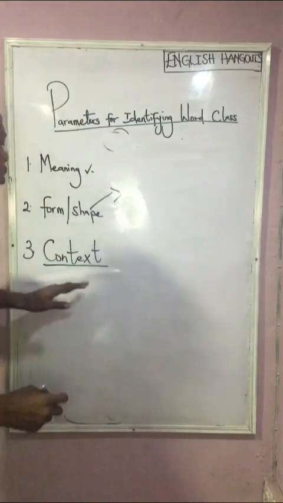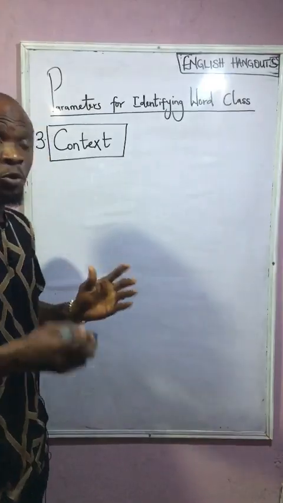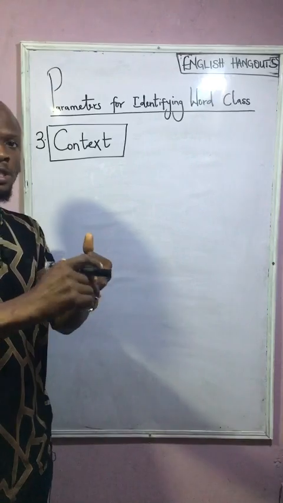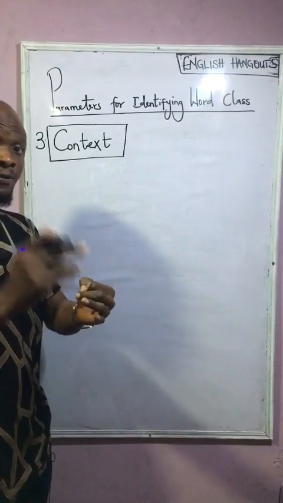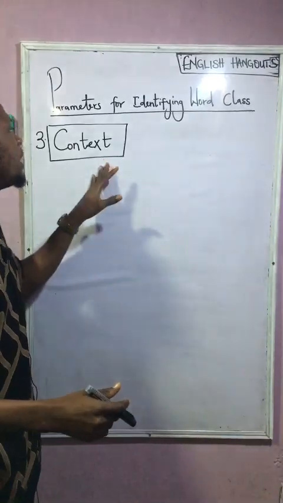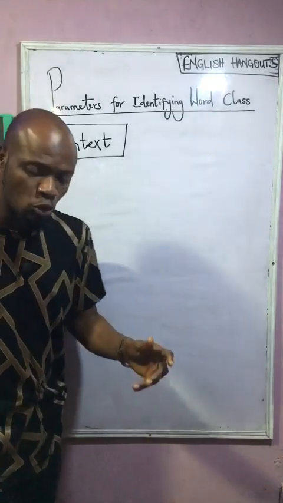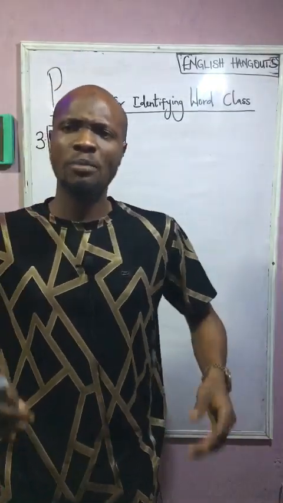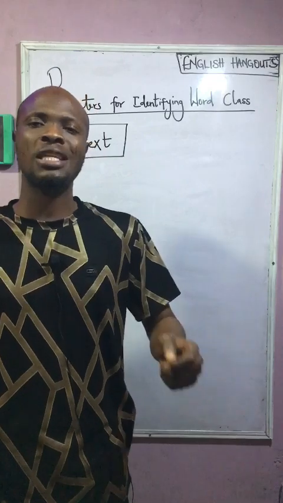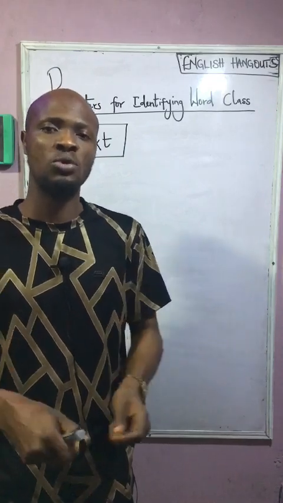So this is why context is so important. We've looked at the first one, which is meaning, and the second one, which is form or shape. The third parameter is context. Context has to do with the environment in which such a lexical item is being used.